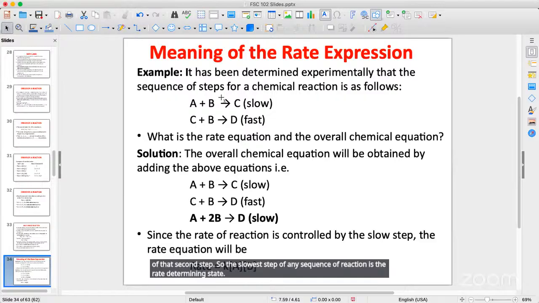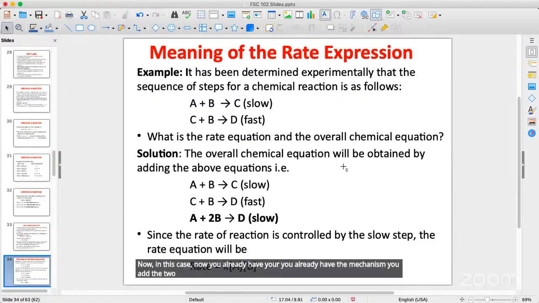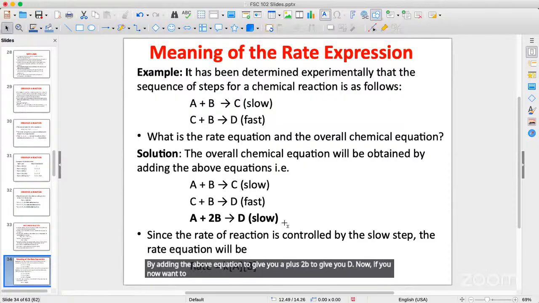Now, in this case, you already have the mechanism, you add the two together. So the overall chemical equation will be obtained by adding the above equations to give you A plus 2B to give you D. Now, if you want to write the rate law for this reaction, this is telling you what order of reaction actually means.